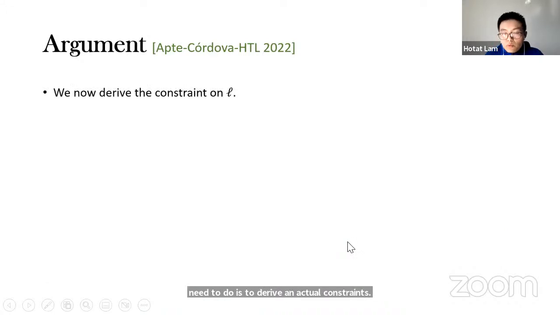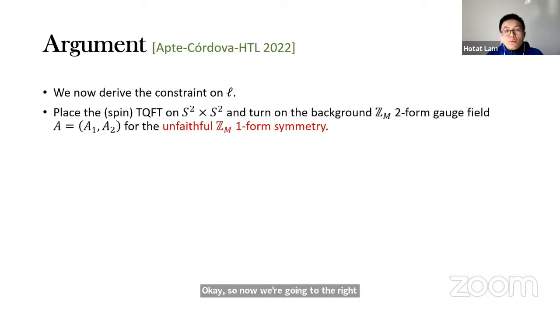Okay, so now we're going to derive constraints on little l. What we'll do is place the theory on S2 times S2. Let me emphasize that because S2 times S2 is a spin manifold, we couldn't distinguish a spin TQFT from a bosonic one. Now let's place it on S2 times S2, and turn on background gauge fields for the ZM unfaithful symmetry.